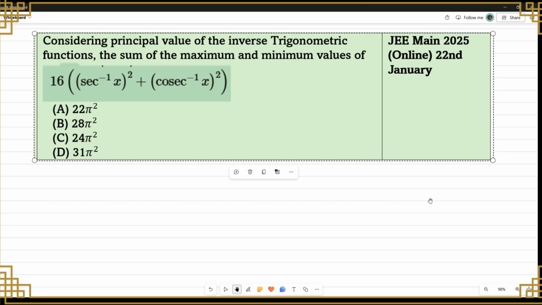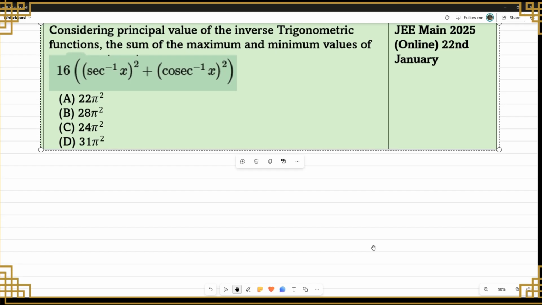That sec inverse x plus cosec inverse x, which you have done before, is pi by 2. Think. We can definitely use it, but then we have to go for the method of completing squares.